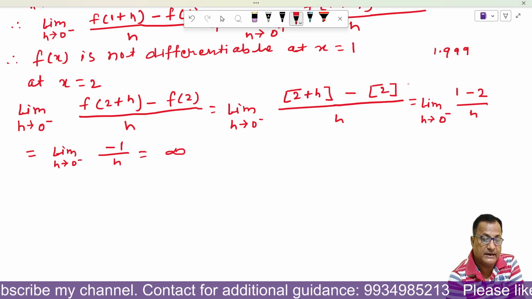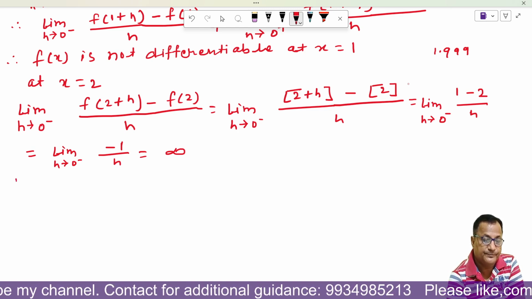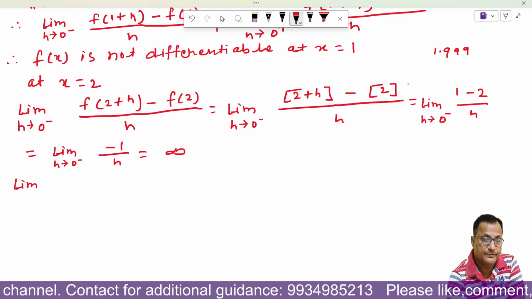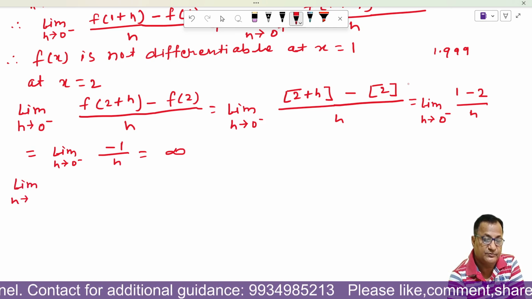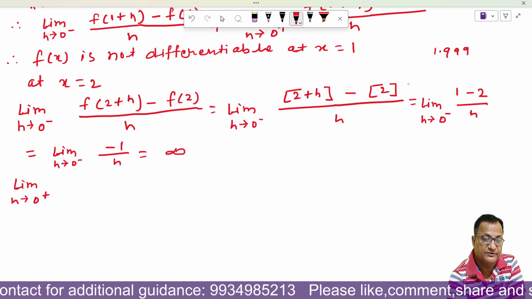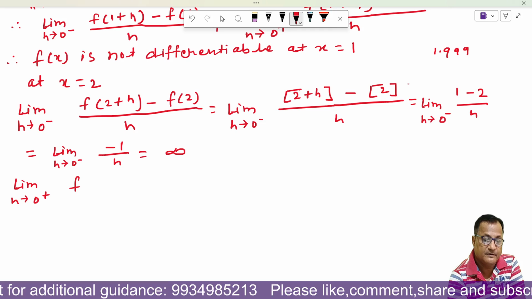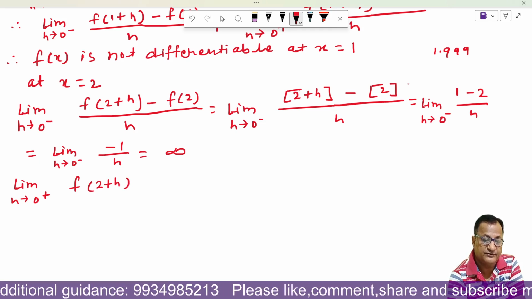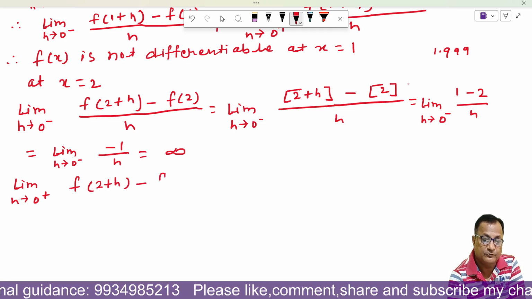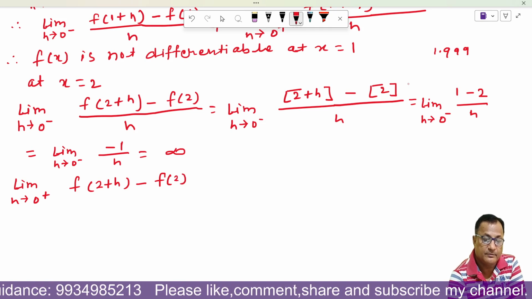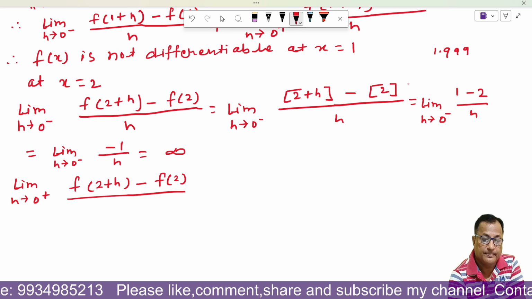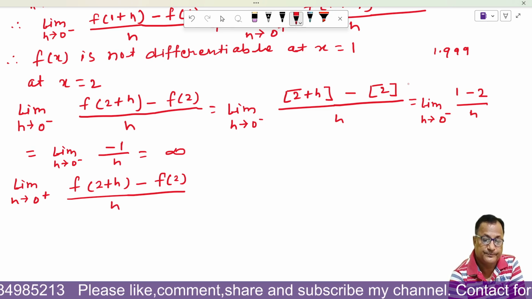Now the right hand limit. Limit h tends to 0 plus, [f(2 + h) - f(2)] divided by h.